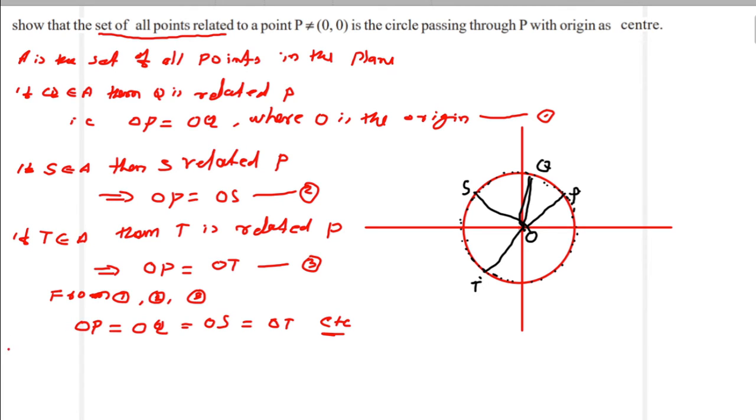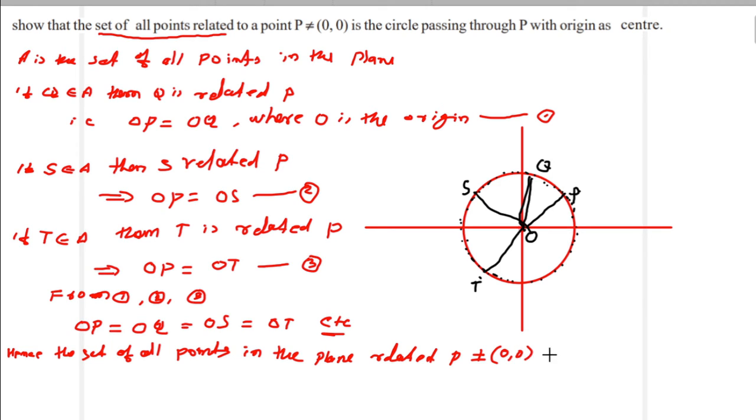Hence the set of all points in the plane related to P, where P is not equal to the origin, forms a circle. Clear?